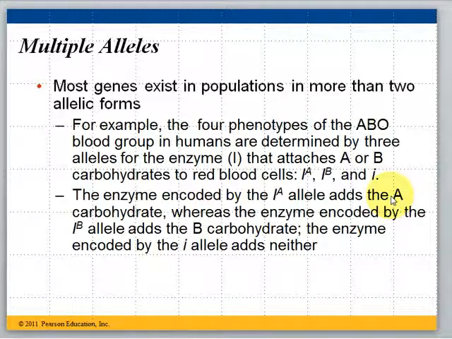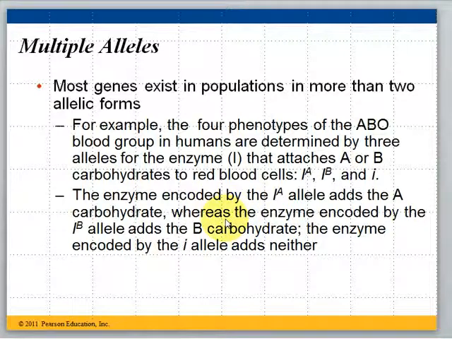In the case of human blood type, you can have basically 3 alleles, and that actually is going to create 4 different phenotypes. The enzyme is either going to be the IA, the IB, or the little i allele. So you have 2 versions of the dominant, and then you have the one recessive. The IA allele adds the A carbohydrate to the outside of the red blood cell.